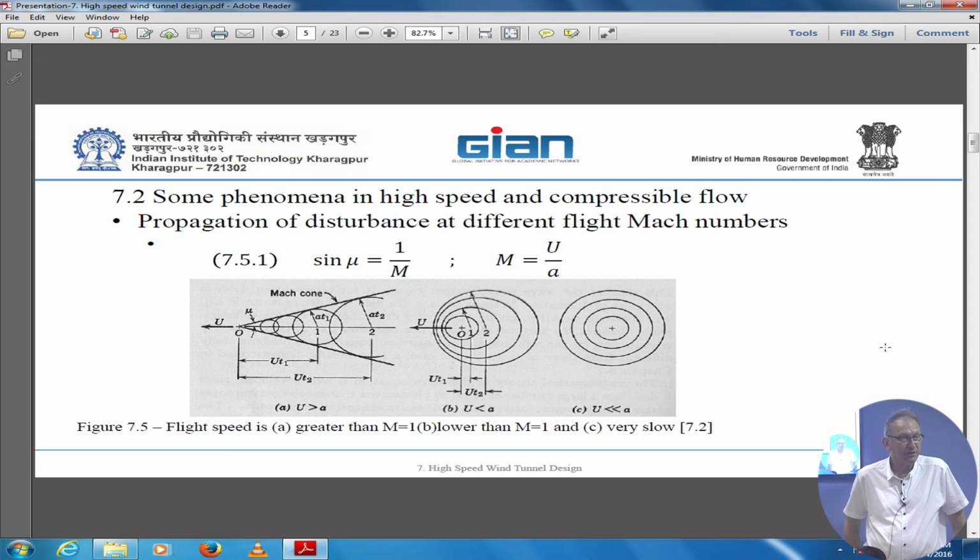It's simple geometry, and you see the cone, including the half angle. It's a function of Mach number. So once you are sitting and you hear the boom, you see the aircraft, you can calculate what Mach number it is flying at by guessing the angle.